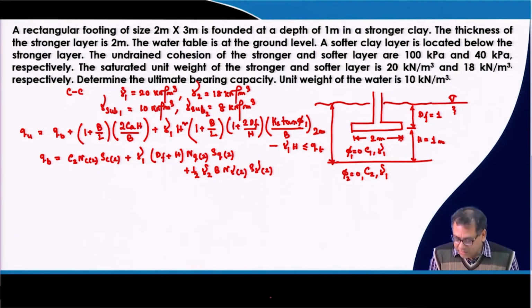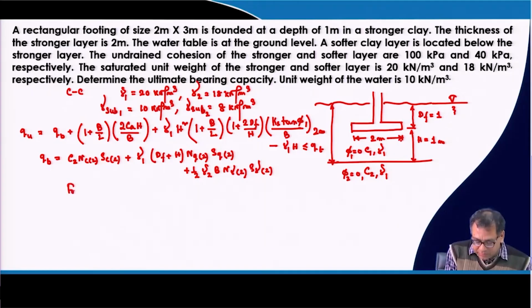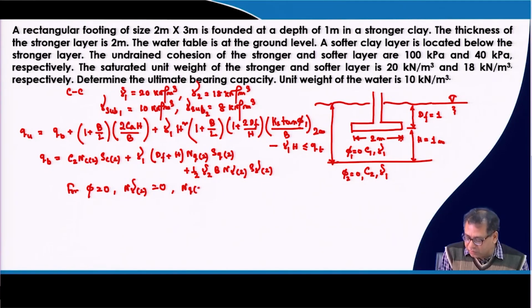Now, for this particular case, my phi2 is equal to 0. So, my N gamma2 will be 0 and Nq2 will be equal to 1. And Nc2 as per Meyerhof is 5.14, because we are using the Meyerhof theory.